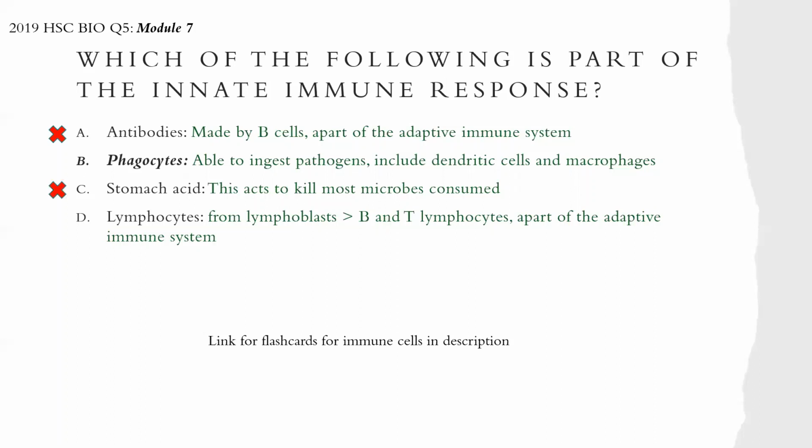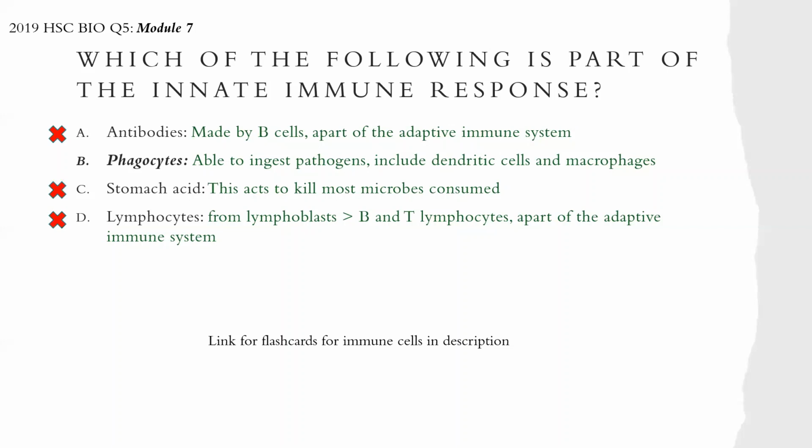Additionally, we know it's not going to be stomach acid, and that's because it doesn't respond to an infection. It is innate and it's there, which kills most of the microbes we consume in our food. Next, we know it's not going to be lymphocytes. So lymphocytes are a part of what our B and T cells travel through. So it's more of an adaptive immune system component.